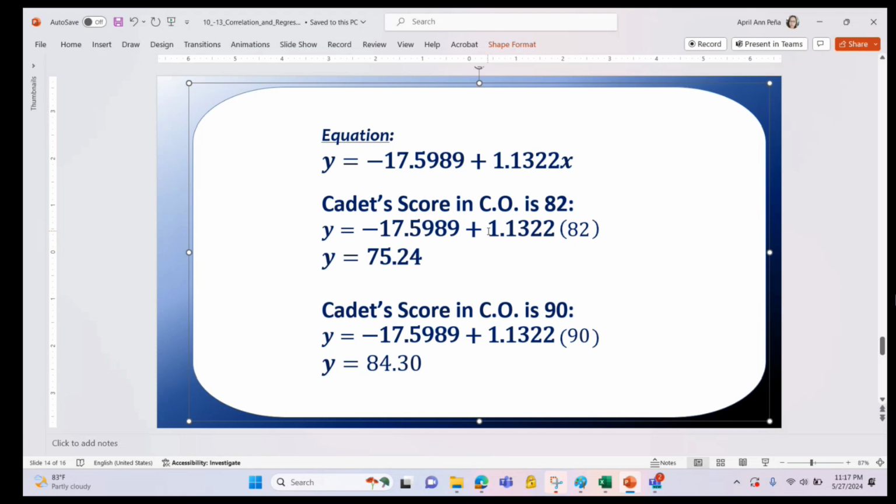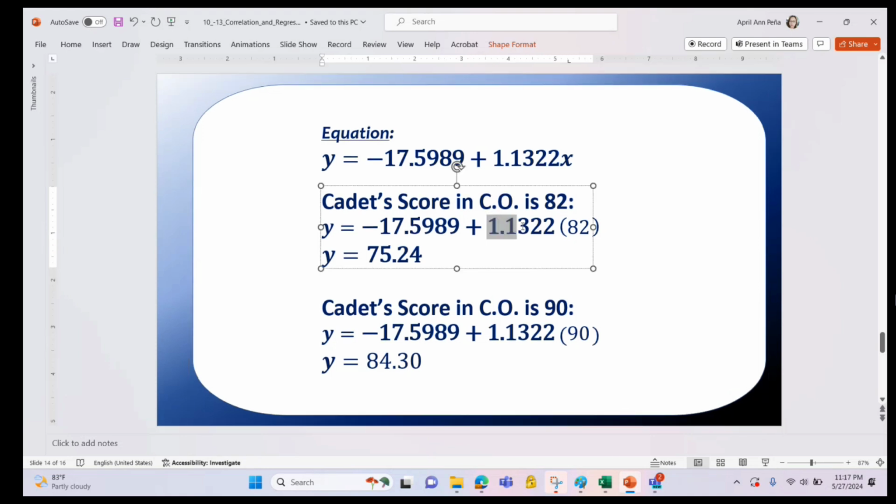And remember PEMDAS, so you start to multiply 1.1322 with 82. After getting the product, you add it with the negative 17.5989. Then you have a value for y, which is 75.24. What does it mean? It means that if a cadet has a score of 82 in the course outcome, it can be predicted that his exam score will be 75.24.